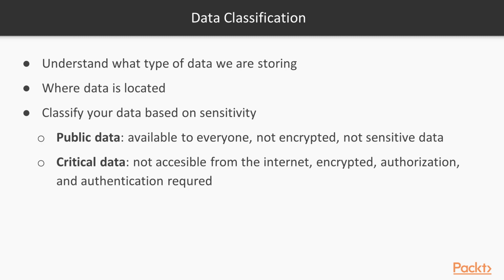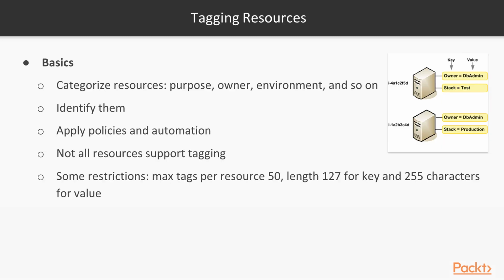To do that, we also need to make sure that we understand the tagging functionality in AWS. So why is tagging important? Because you can categorize resources to let others know, or for ourselves, the purpose, who the owner is, the environment where it's running, for example if it's test or production.